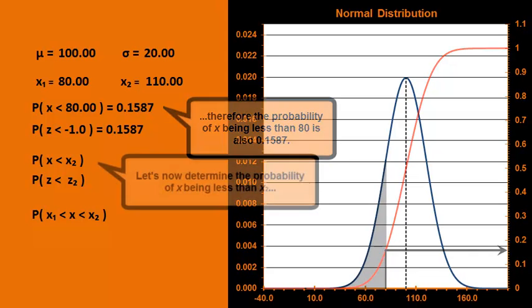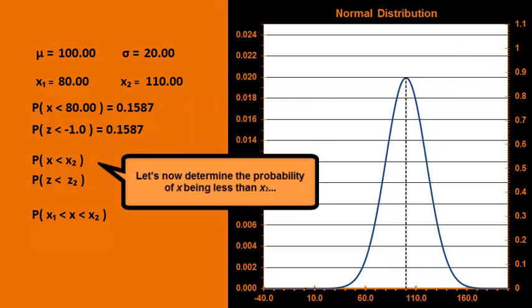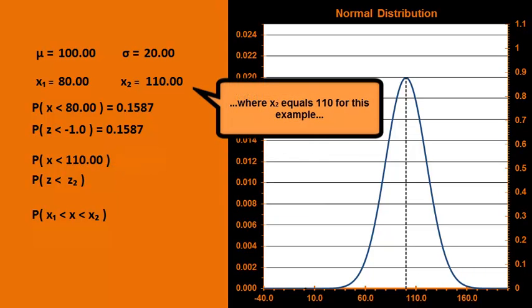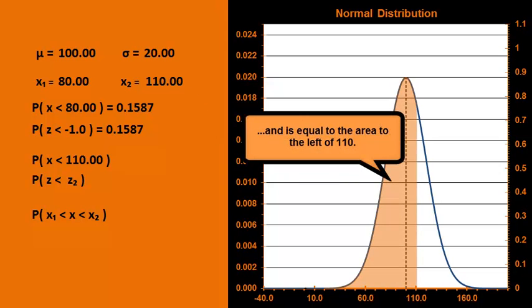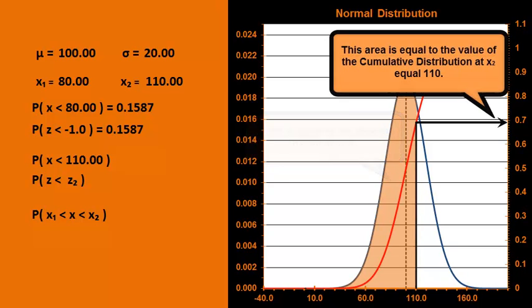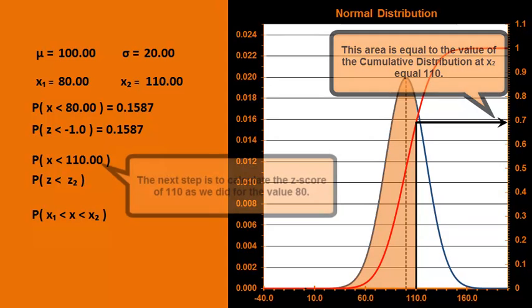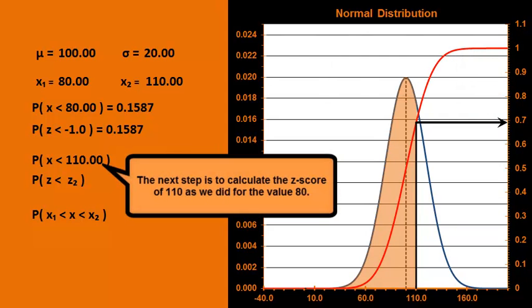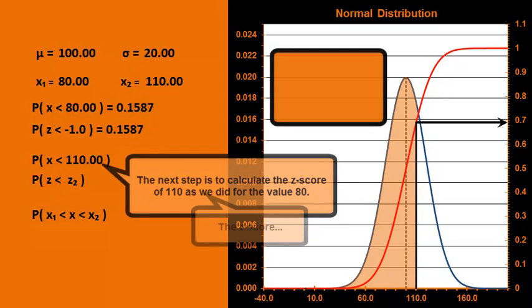Let's now determine the probability of x being less than x2, where x2 equals 110 for this example, and is equal to the area to the left of 110. This area is equal to the value of the cumulative distribution at x2 equals 110. The next step is to calculate the z-score of 110 as we did for the value 80.